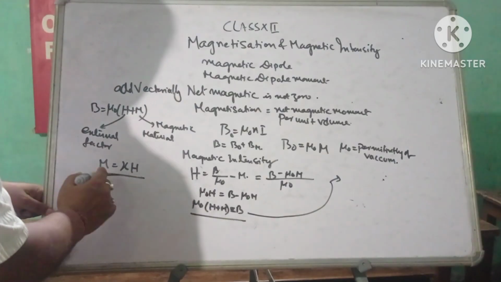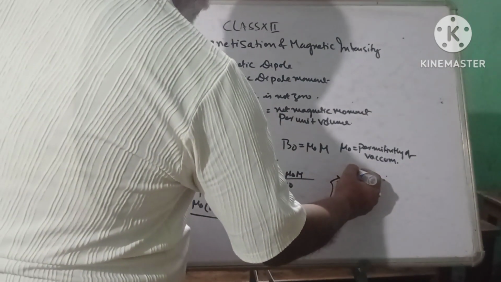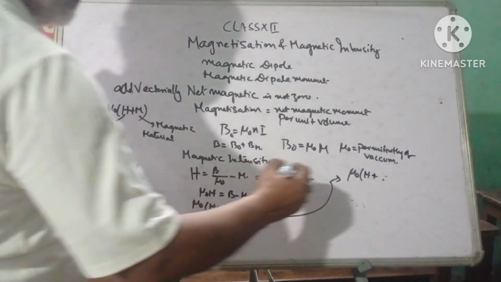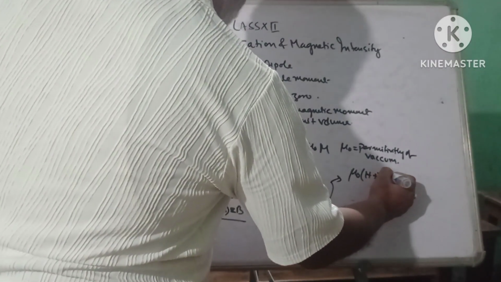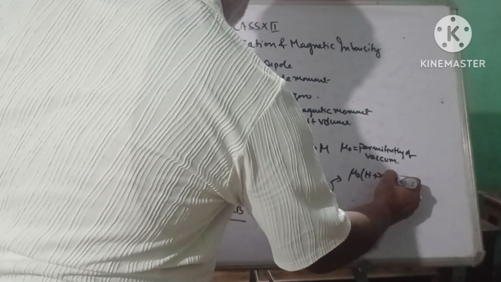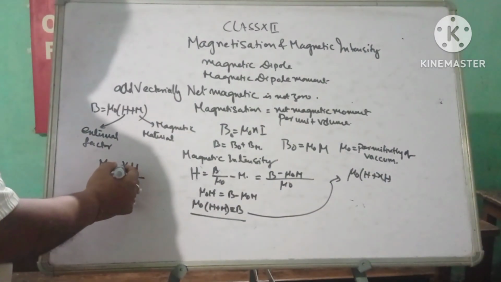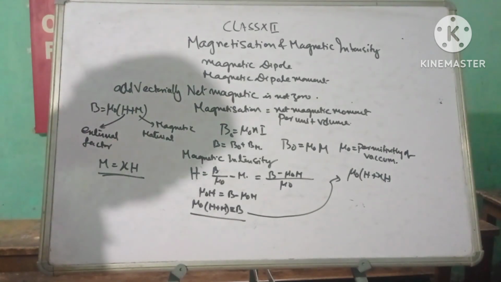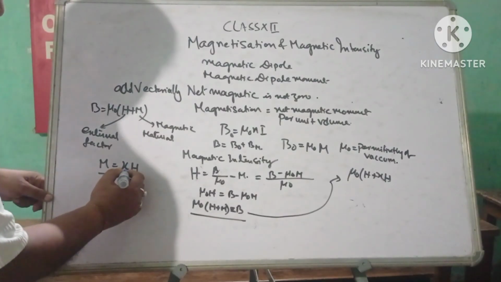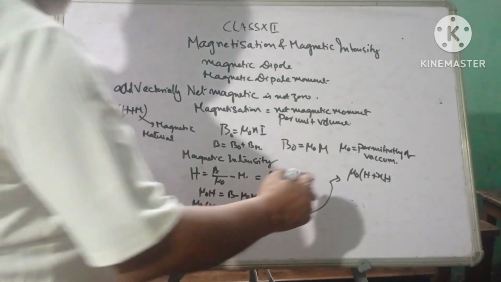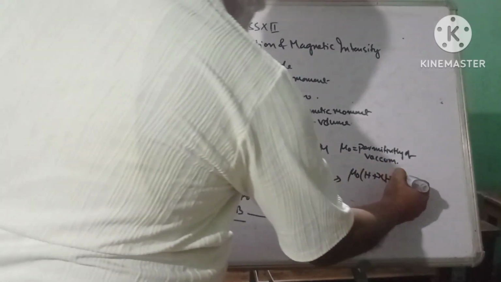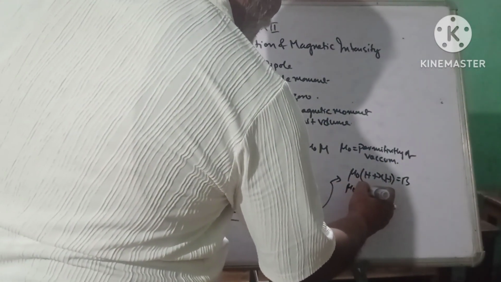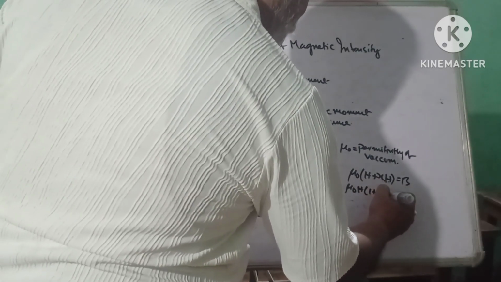We are going to place the value of M here. So this will be mu naught H plus susceptibility of the magnetic material into H. This is the magnetic susceptibility. So this is equal to B. So mu naught H, that will be 1 plus the magnetic susceptibility.